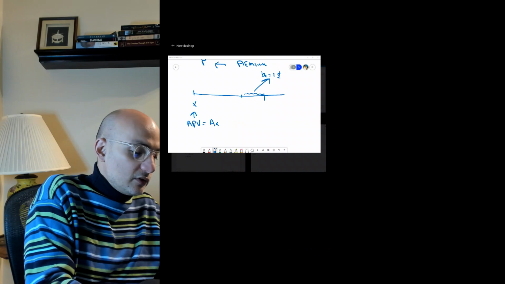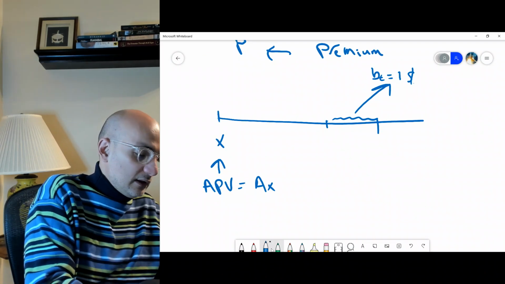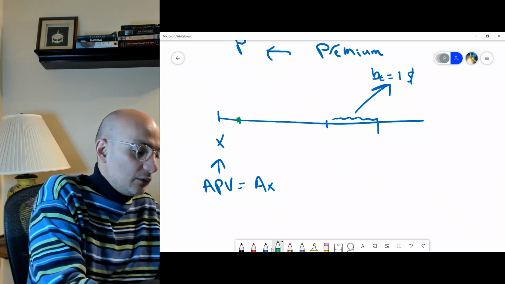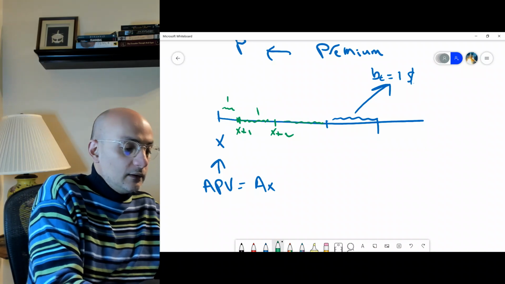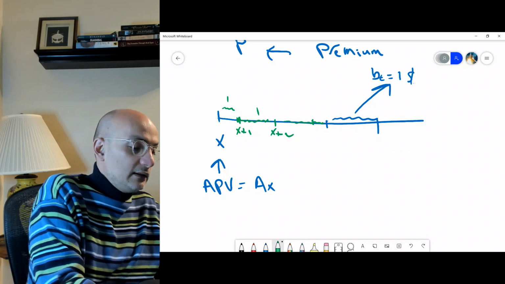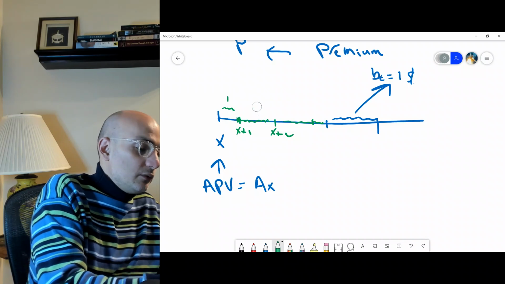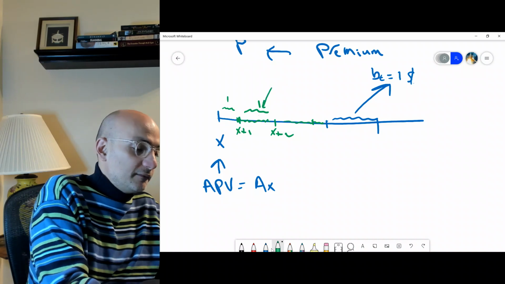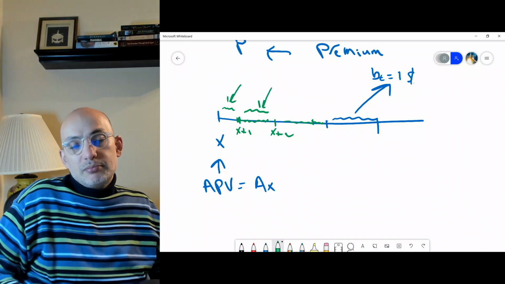And later we also looked at the situation, I'll use green for a unit of benefit 1. This gives you 1, 1, 1, 1 every year, and what you put in is the premium, right?